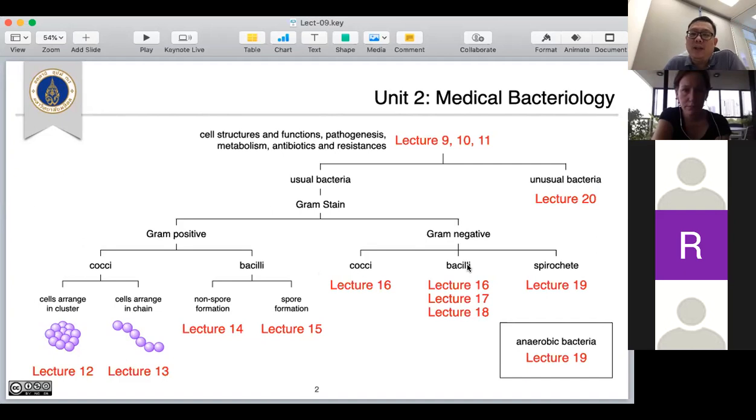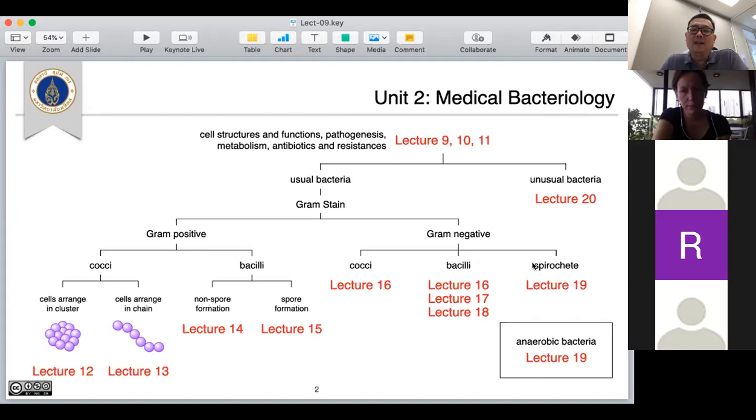Spirochetes, actually we never determine them as gram-positive or gram-negative, but because they show an outer membrane, we classify them as gram-negative. So there are no gram-positive spirochetes, okay? All spirochetes are gram-negative.